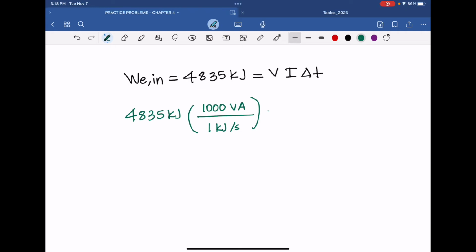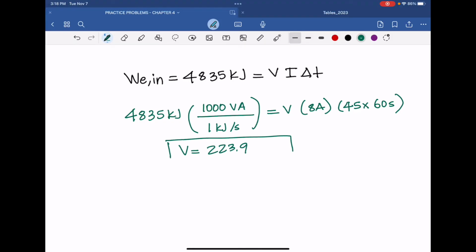This is our unity conversion ratio. The current is 8, I think, and then time is in terms of seconds. And this should tell you that actually your voltage is 223.9.